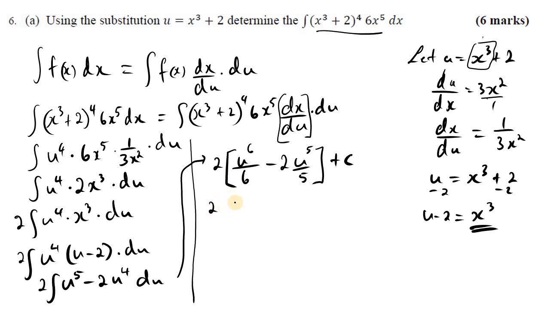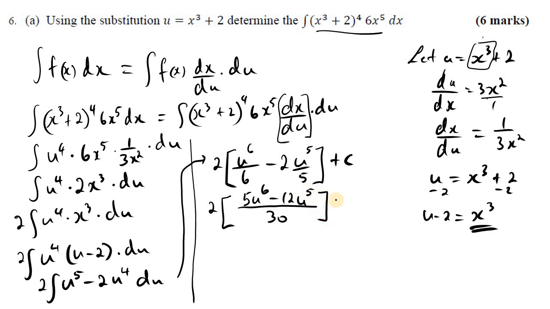Okay, so now what we're going to do, we can simplify this. So we can find the LCM of 6 and 5, which is 30. 6 goes into 30 5 times, so that's 5u to the 6th minus, 5 goes into 30 6 times, so 6 times the 2 here will be 12u to the 5th.